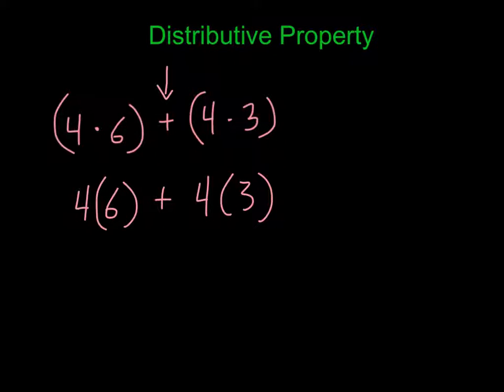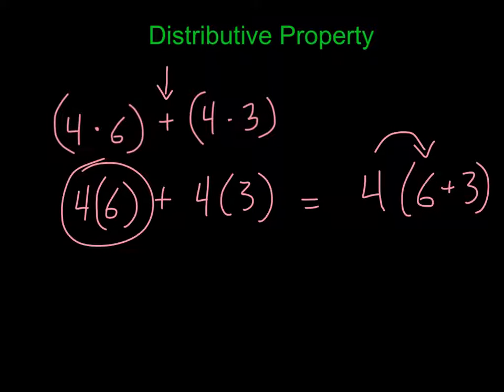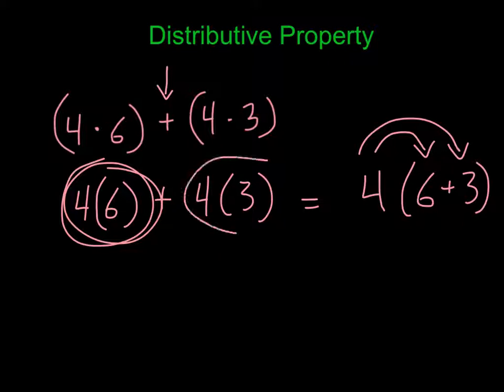So here I have 4 groups of 6 and 4 groups of 3. So another way to write that using the distributive property would be saying I have 4 groups of 6 plus 3. Because this says I have 4 groups of 6, which is what I have right here, and I have 4 groups of 3, which is what I have right there.